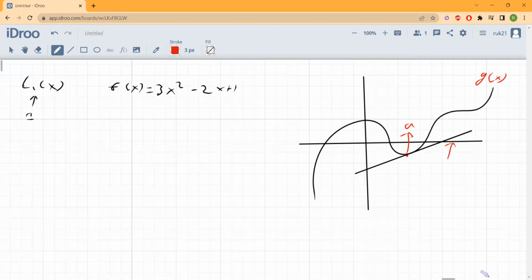Our point is A, f at A, and our slope is f prime at A. If we use point-slope form to write our line, we get y minus f at A is equal to f prime at A, which is the slope, times x minus A.